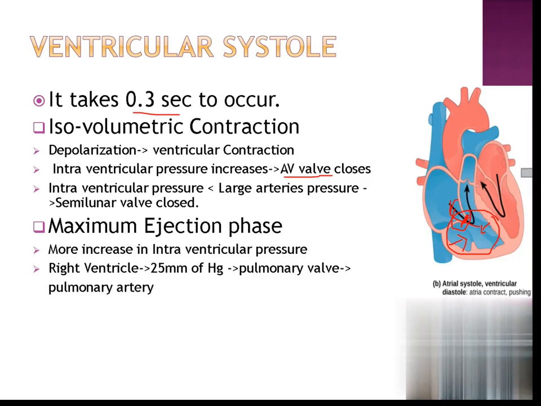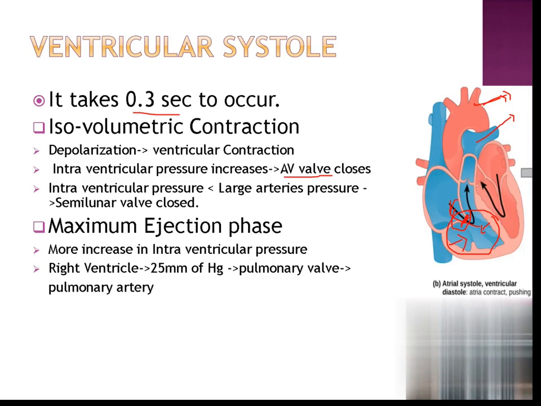Now again, when the pressure decreases in the arteries, say the pulmonary artery or the aorta, sorry, not pulmonary vein, aorta, what happened here? So what happens now in this artery? The pressure is lower than in the ventricles. So what will happen?